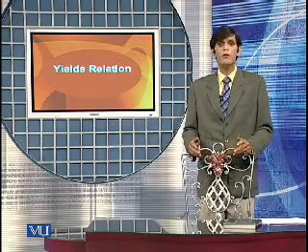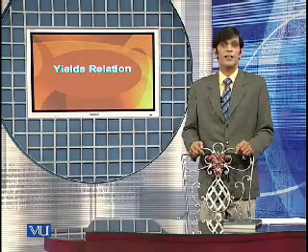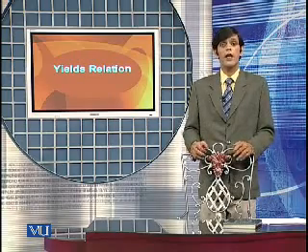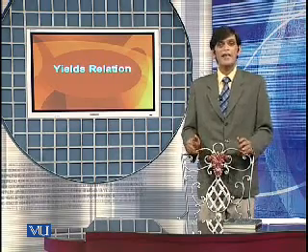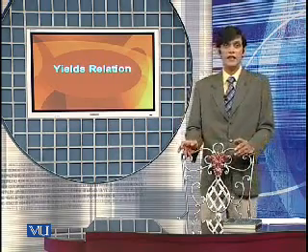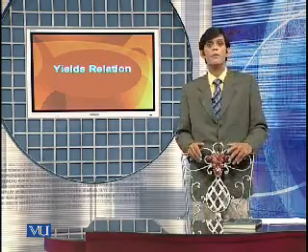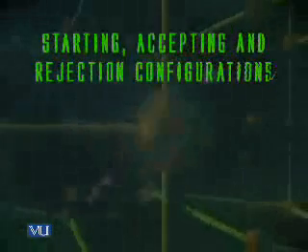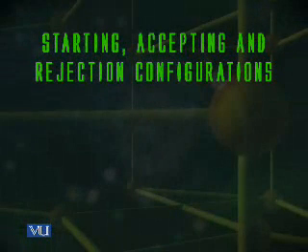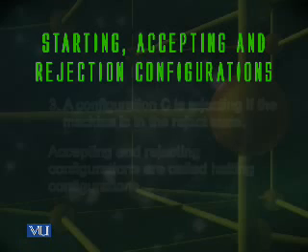These 3 kinds of configurations are extremely important. The starting configuration is when the computation of the Turing machine starts, and the accepting and the rejecting configurations are when the computation of the Turing machine ends. All other configurations are intermediary. This means the machine has not finished its computation, but is in the process of computing.